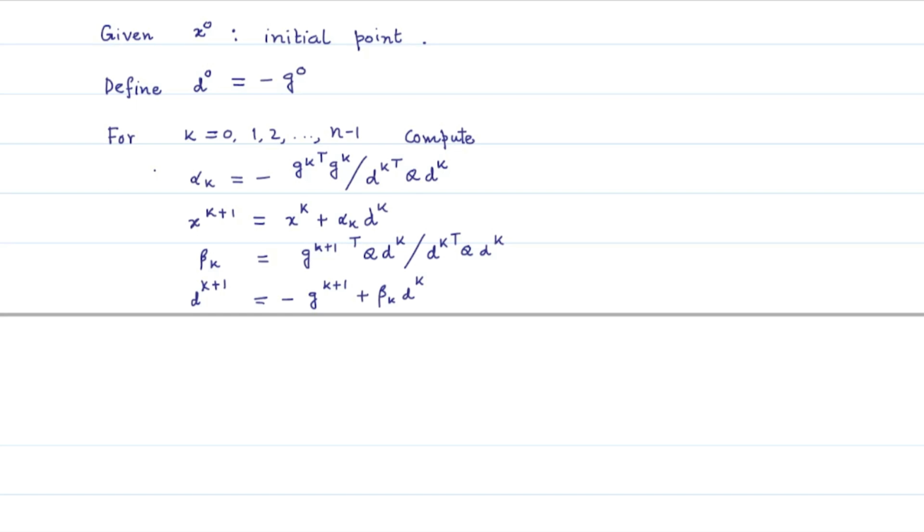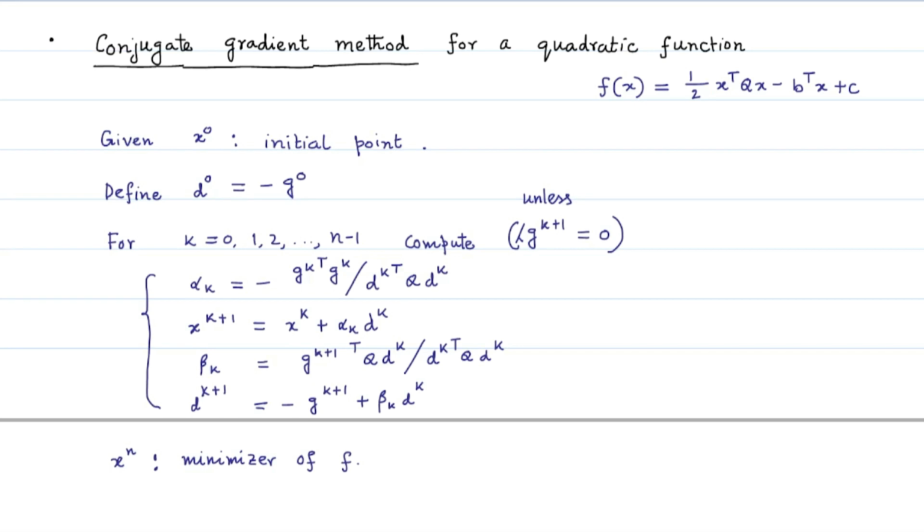So for every k ranging from 0, 1, 2 till n minus 1, go for computing all these iterative sequences, and at the end, unless you get gk plus 1 equal to 0 earlier, you are going to generate a point xn that is the minimizer of the function f. So these are the steps for the conjugate gradient method.